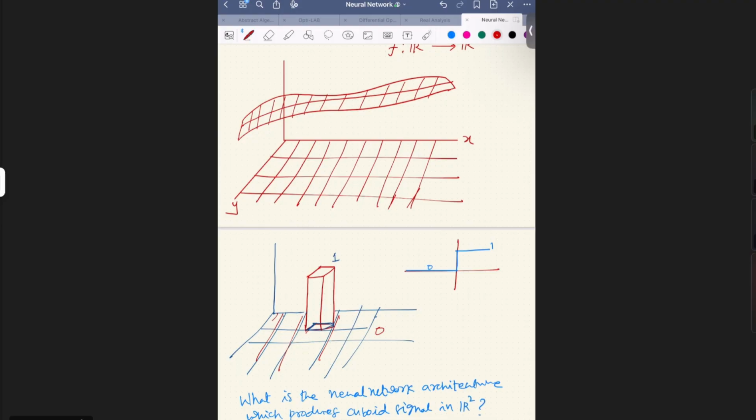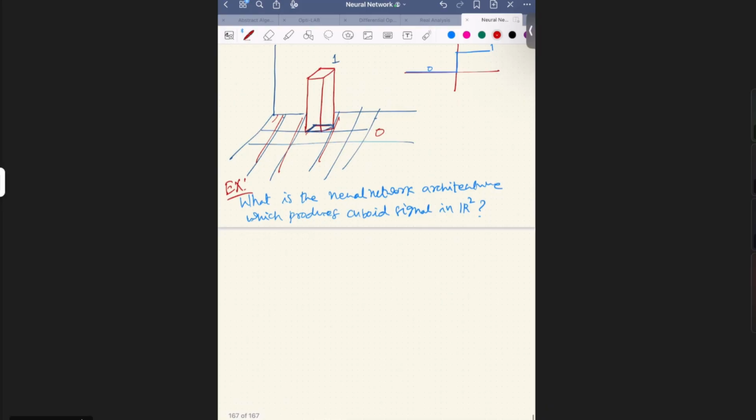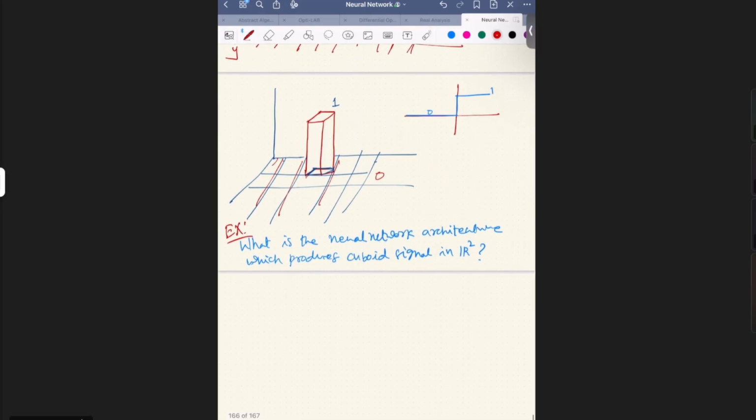Okay, you try this one as an exercise and give me the neural network architecture which satisfies this one.